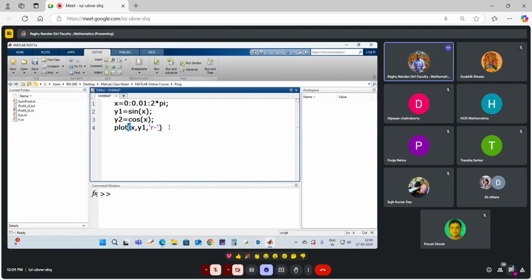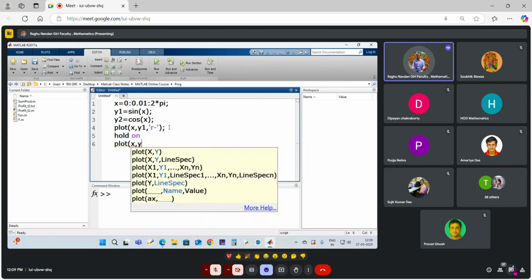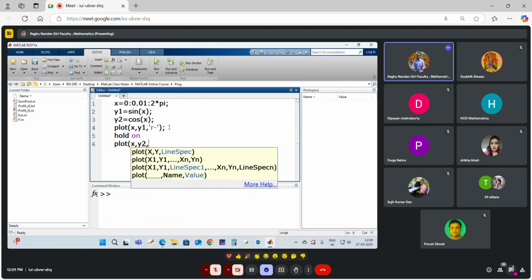Then hold on, plot x comma y2 with line specifier, suppose blue color, dash dot line.